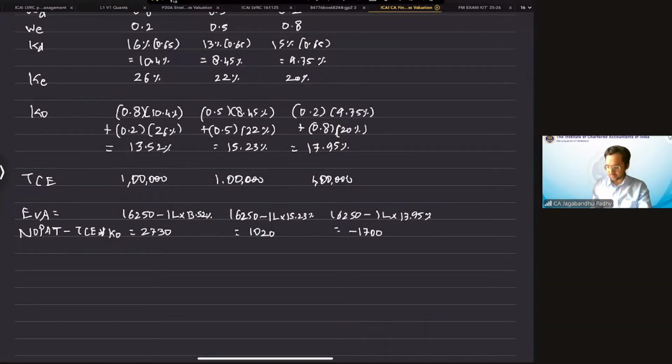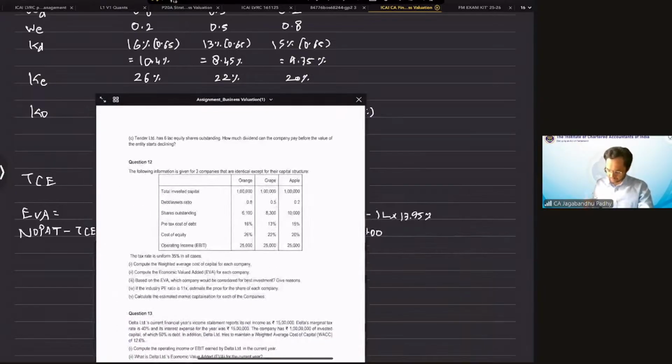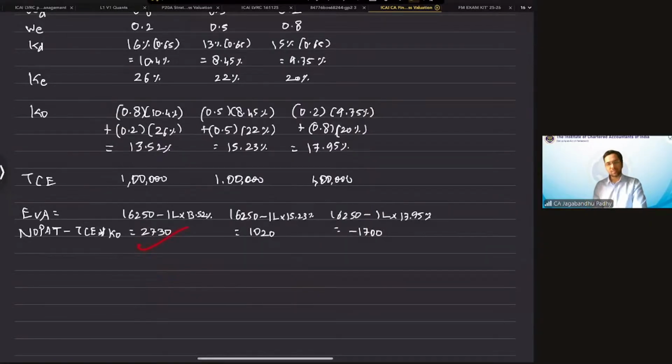So 2,730, 1,020 and negative 1,700 are the EVA that we have. Based on EVA, which company would be considered the best for investment? Of course, the first company, Orange, is the best one.